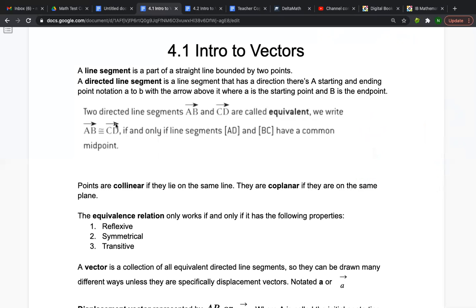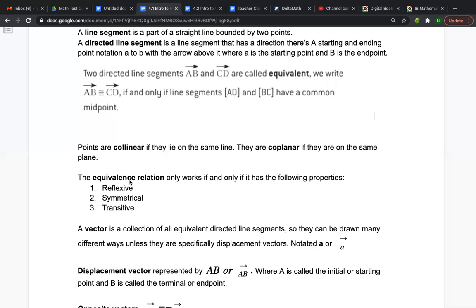The equivalence relation that we were just talking about a couple of seconds ago works only if it has the following properties: if it's reflexive, symmetrical, and transitive. Reflexive means it's itself.